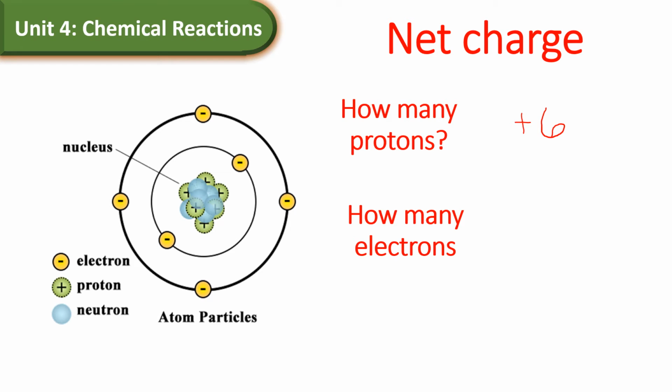How many electrons are there? There are 1, 2, 3, 4, 5, 6, so also 6 electrons. And what is the charge? The charge is negative. So you have to do the math. 6 minus 6, so you will have 0. So this atom is neutral.